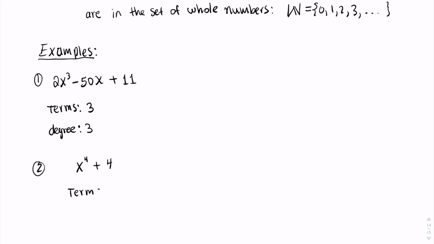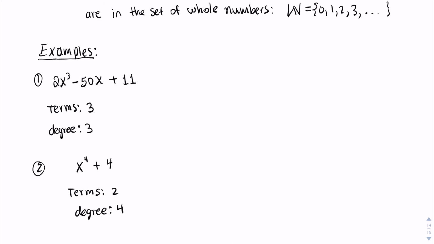And how many terms do we have here? 2. And the degree for this one will be 4. But we get the idea, right? And what will be the coefficient of the highest degree? The coefficient for this one will just be 1. The coefficient of x to the 4 is just 1.